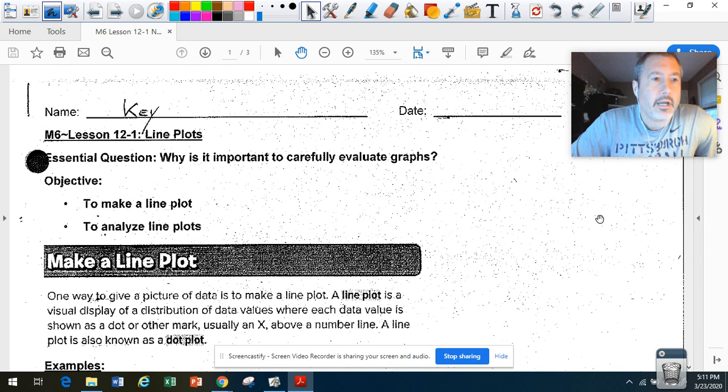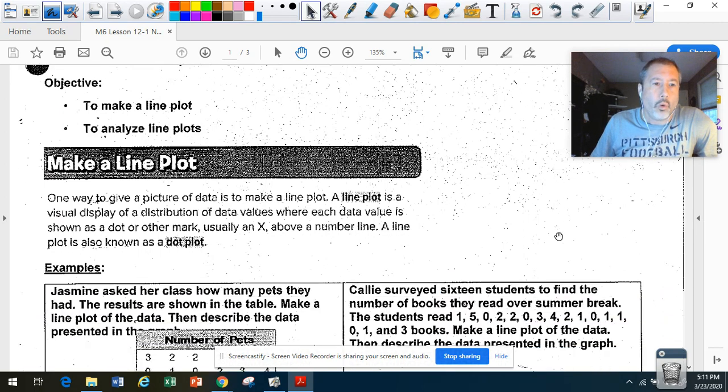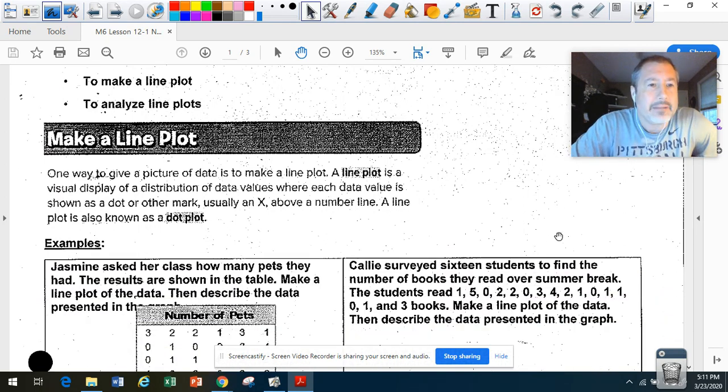We're now in Chapter 12, Lesson 1, line plots. Okay. Line plots are also known as dot plots, but let's figure out what they are. So making a line plot, it says, one way to give a picture of data is to make a line plot.